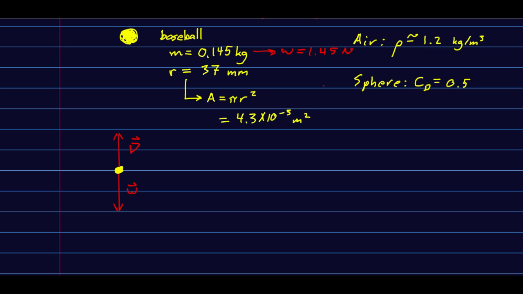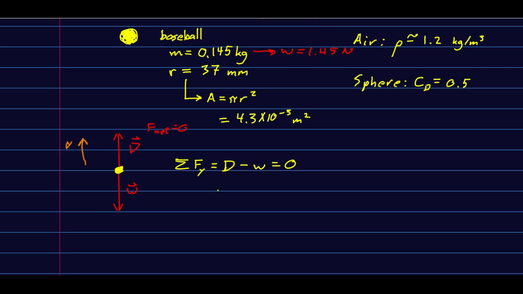And so you can figure out how fast that would be if you just do the usual, which is Newton's second law, right? We're going to have drag minus weight equals, and if they are equal, then that means that the net force is 0. And so this ball would be going at a constant velocity by this point.